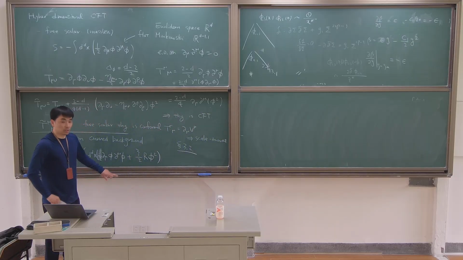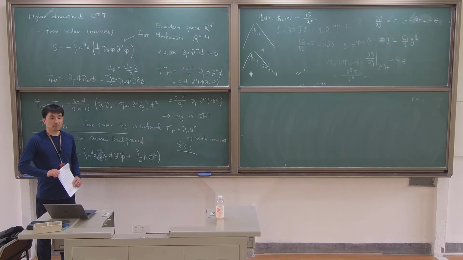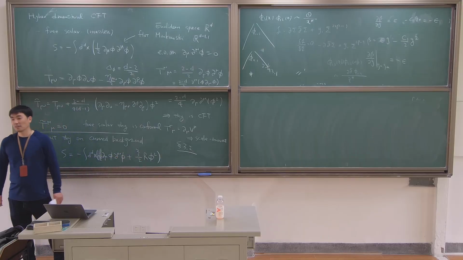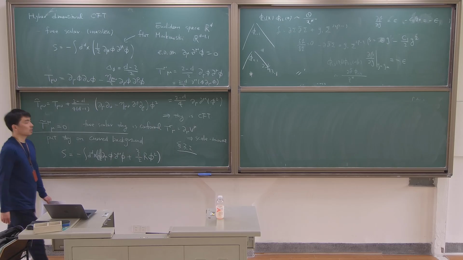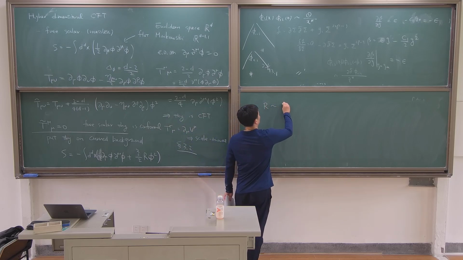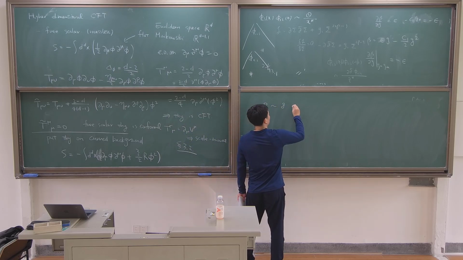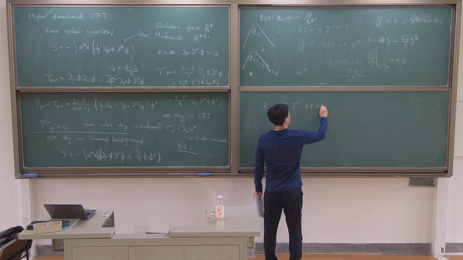So if you look at R, what is the mass dimension of R? Essentially R is something like g^(rho sigma) derivative of g.